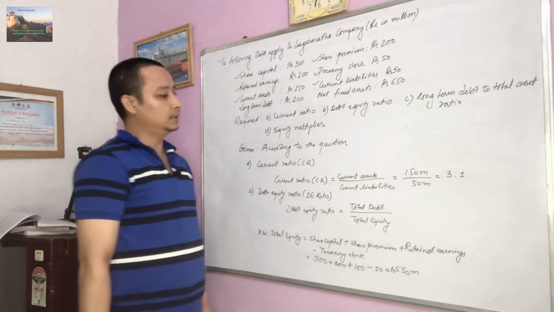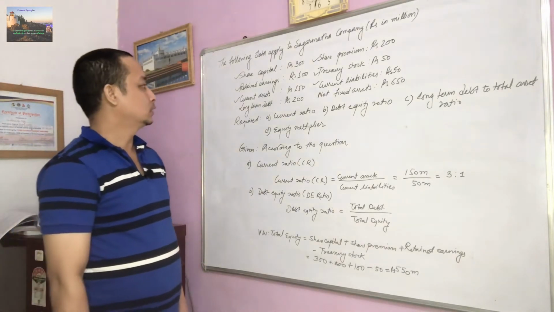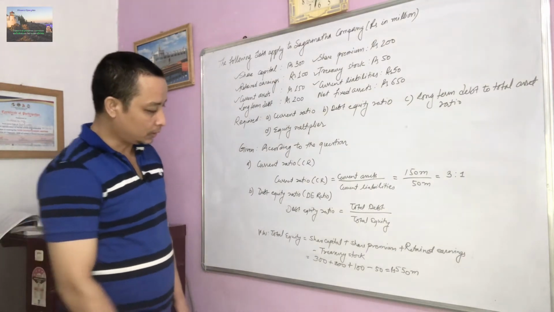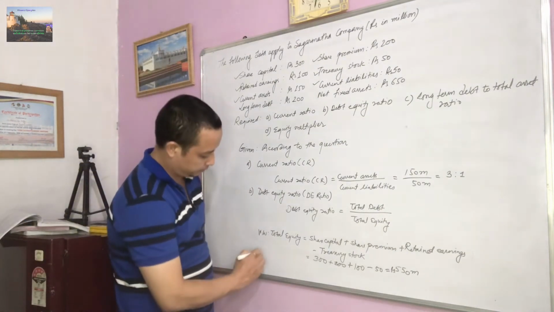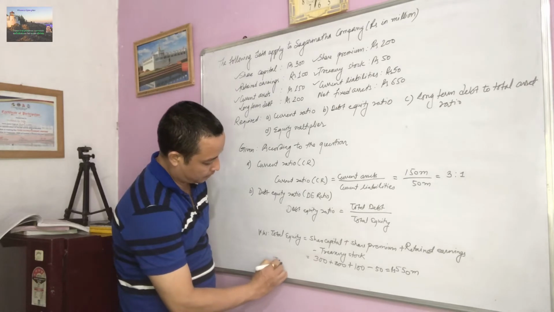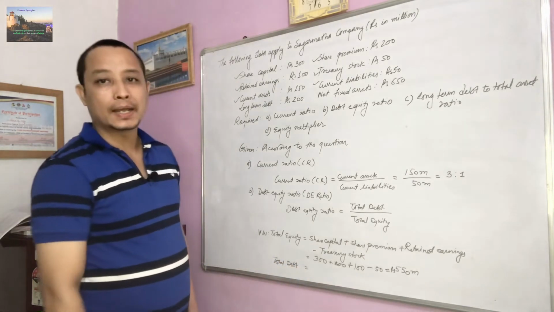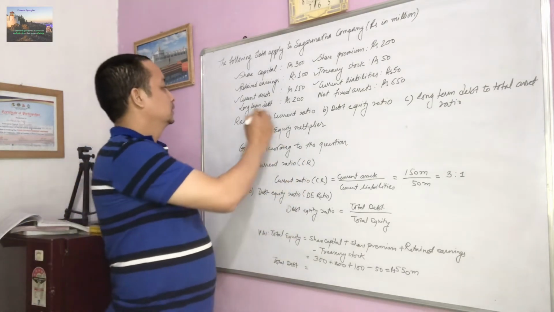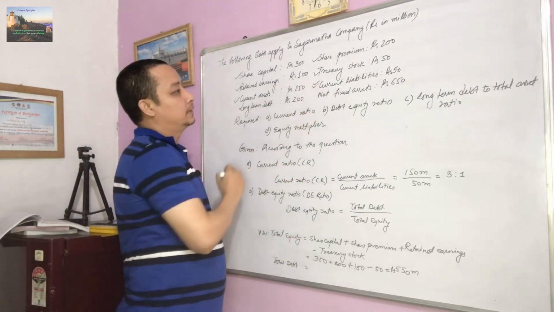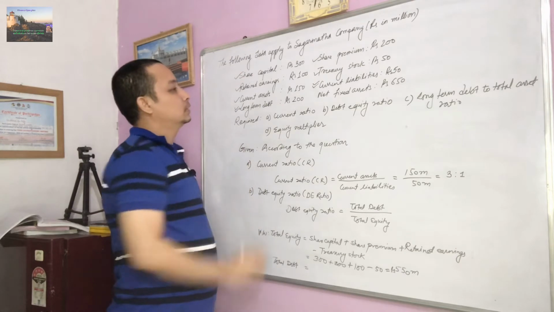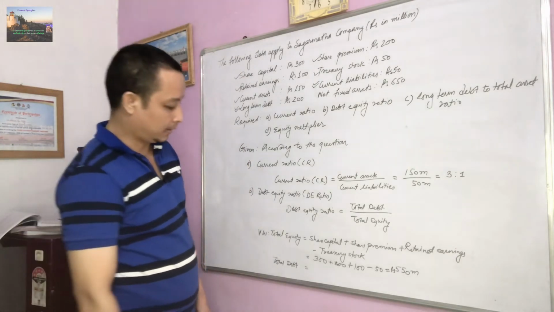Now after finding the total equity, you have to find the total debt. So total debt equals current liability plus long-term debt. Current liability plus long-term debt will give you total debt.